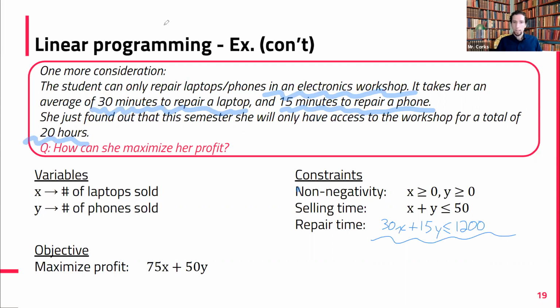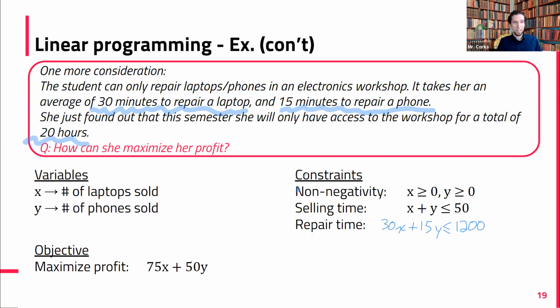So the other kind of issue we had here is that we have different units, 30 minutes and 15 minutes, but then 20 hours. So we do need to do a conversion to make sure we have the same units. What was suggested was that we convert the hours into minutes, so 1,200. That works.